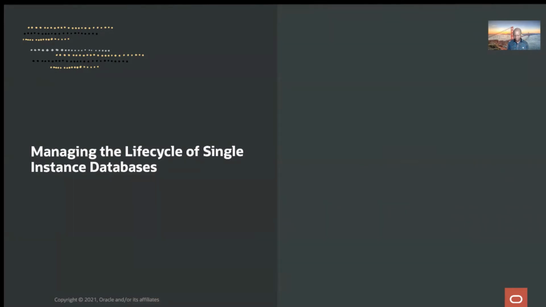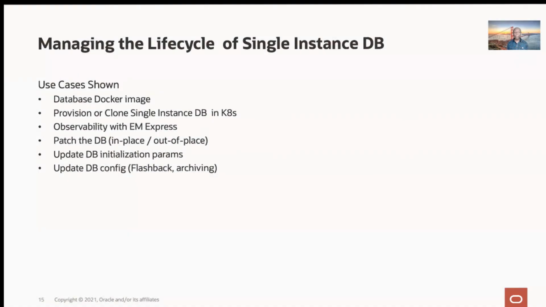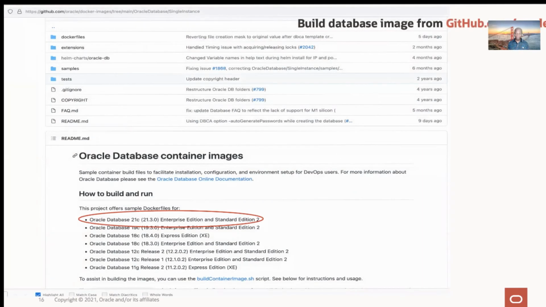And when we say single instance, we're talking about standard edition, enterprise edition, or XE, which is the express edition, which is free to use, free to deploy, etc. So we will quickly go over how you provision the Docker image of the database, how you clone a single instance database, how you use Enterprise Manager for observability, how you patch, and how to update database configuration. I'm not sure we cover that, but this is something you can do.